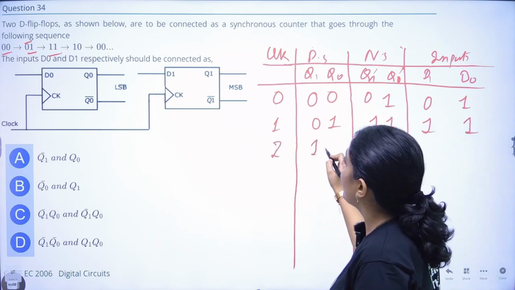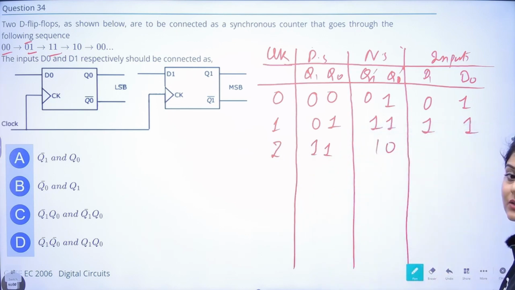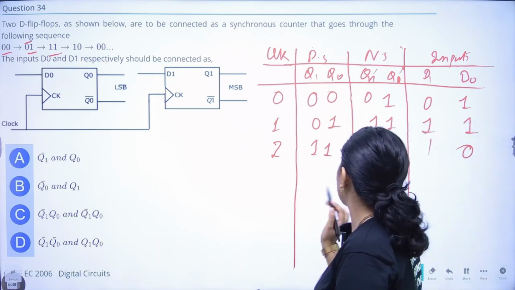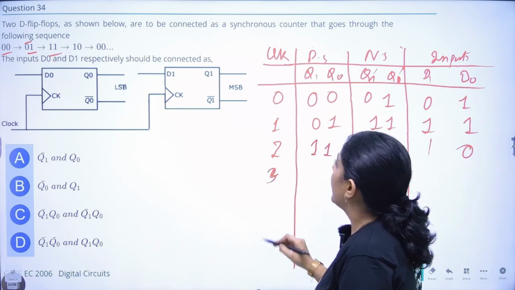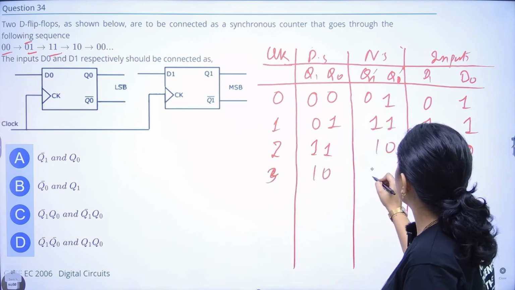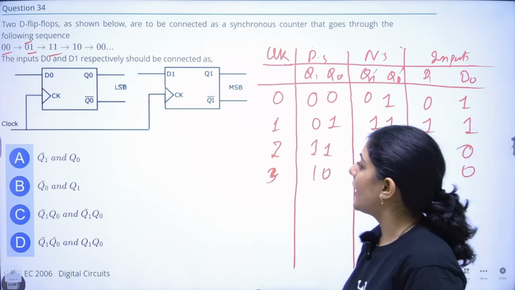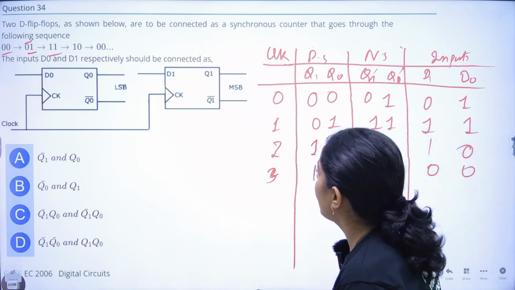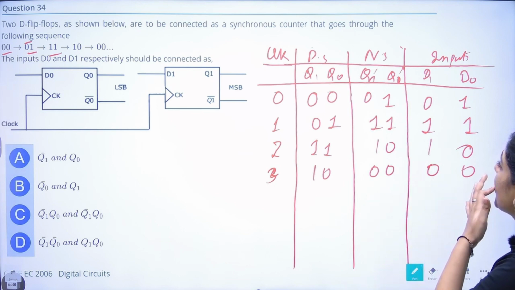Second clock 1 1. Next in the sequence after 1 1 it's 1 0. The value of input, because it's a D flip-flop, will also become 1 0. Very easy flip-flop. Third clock, from 1 0 it's becoming 0 0, from where it actually started. Right, now they are asking us to find the value of D0 and D1 in terms of Q1 and Q0.